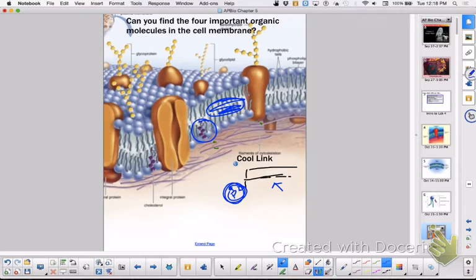Good. Fourth item. What's the fourth item you see in a cell membrane? What? Extracellular matrix? Is that what you're telling me? Good. And that's part of your glycocalyx. And there are 2, glycolipids and glycoproteins.